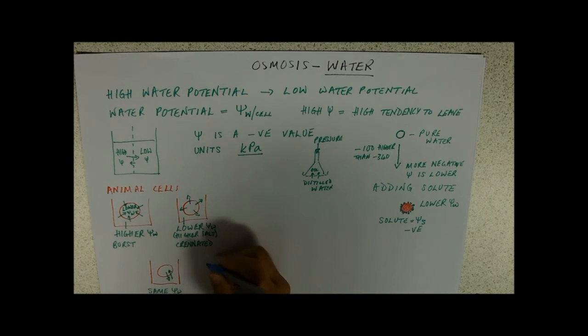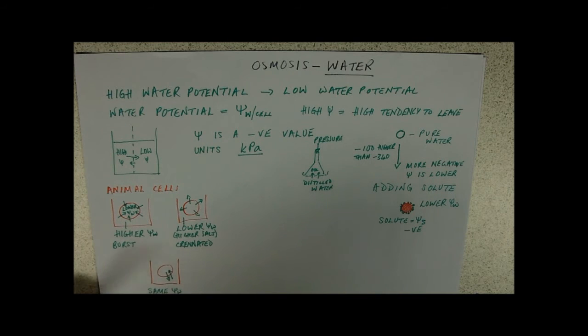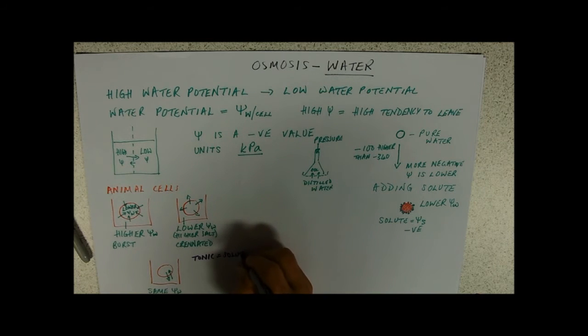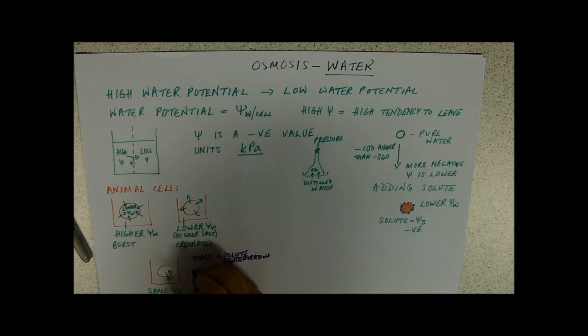Now, I did mention this term isotonic, I just kind of threw it out there. Isotonic, all the words that end in tonic. Tonic refers to solute concentration, and only solute. So iso means the same.